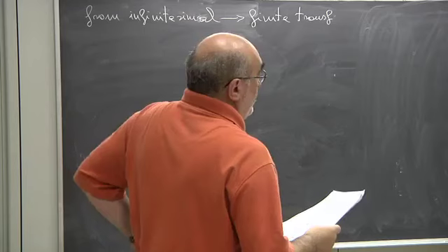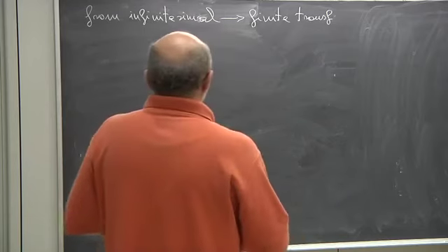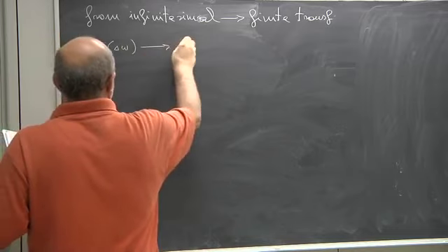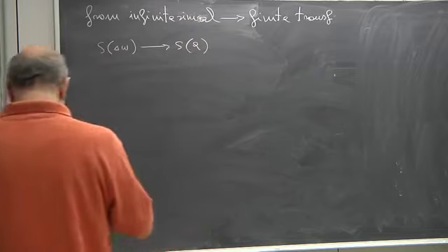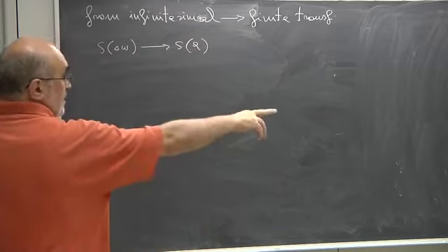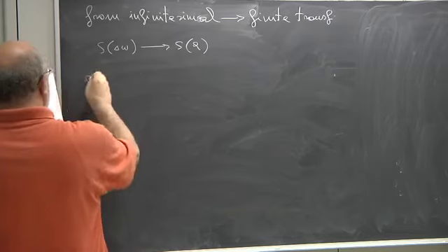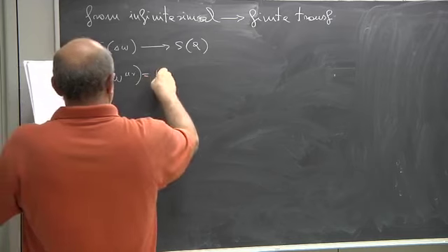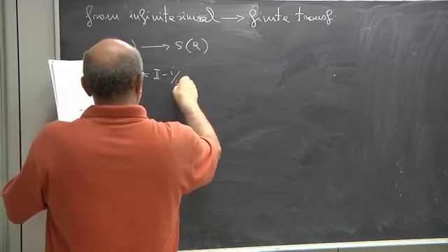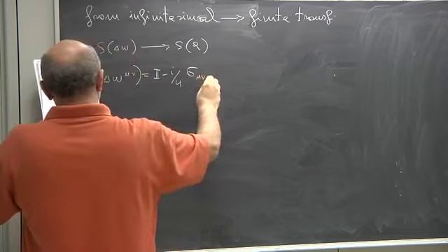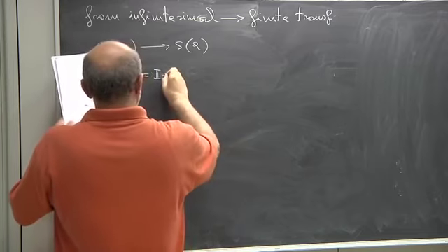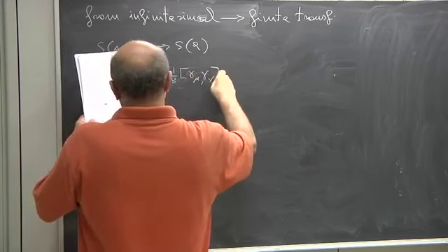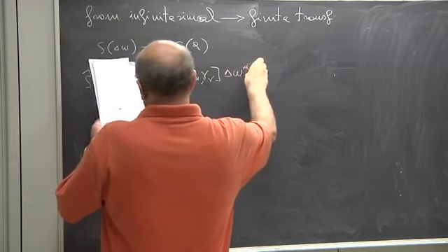That means now we will really determine, from S of delta omega, we will go to S of A where A is finite. Let's remember the form. We have everything written there, that S of delta omega mu nu was I minus I over 4 sigma mu nu, or well, actually, let's write already, plus 1/8 gamma nu delta omega mu nu.